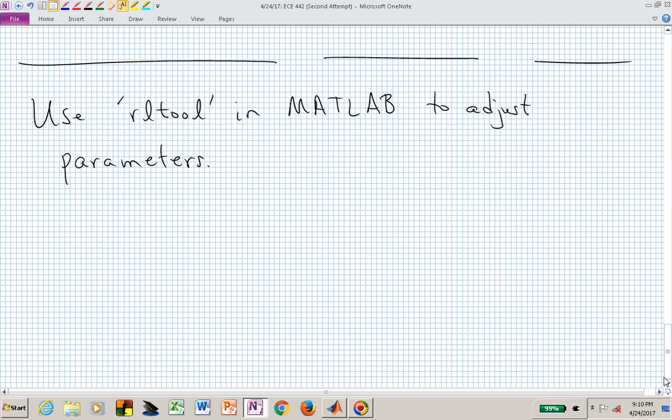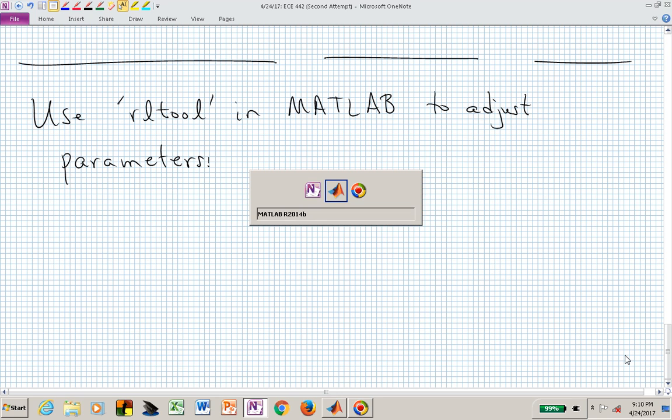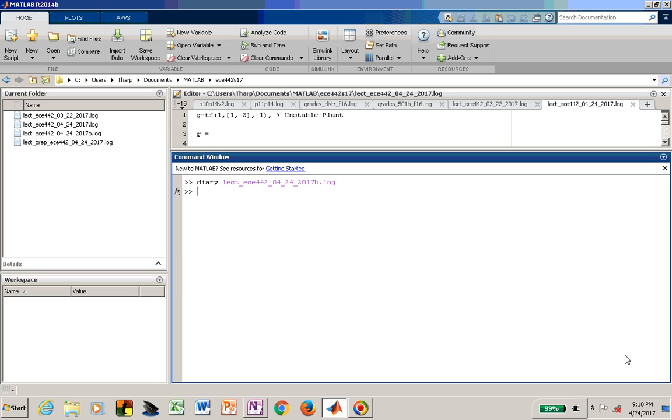With that said, let's go into Matlab. I have now created a diary file that I hope I will be able to share with you inside these notes.